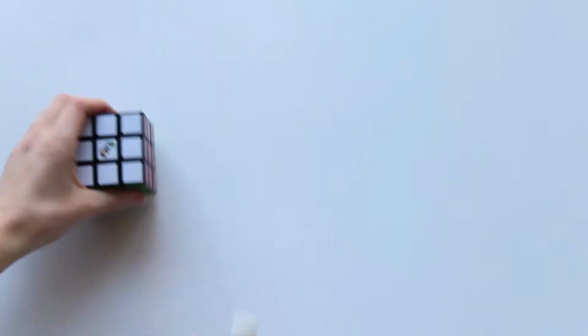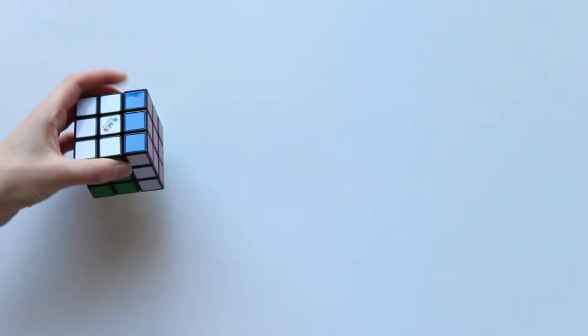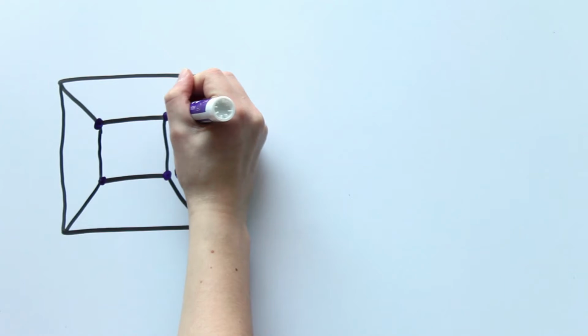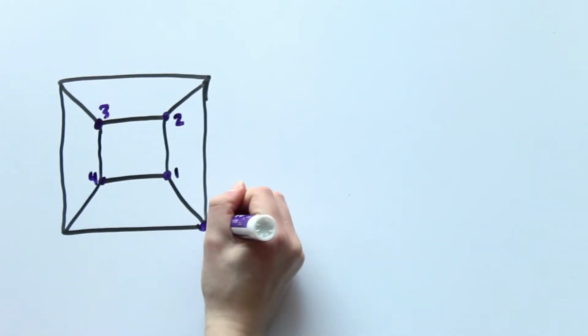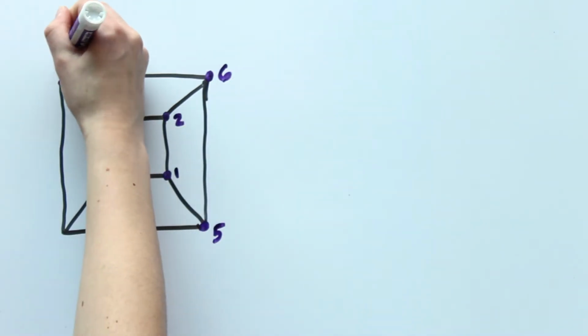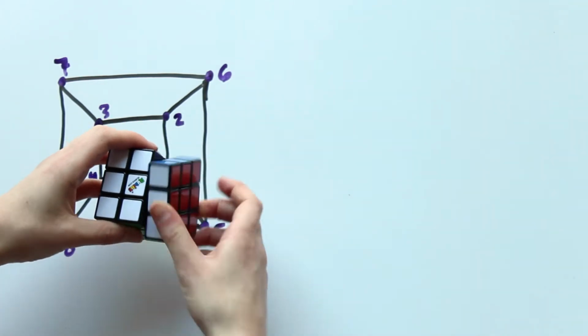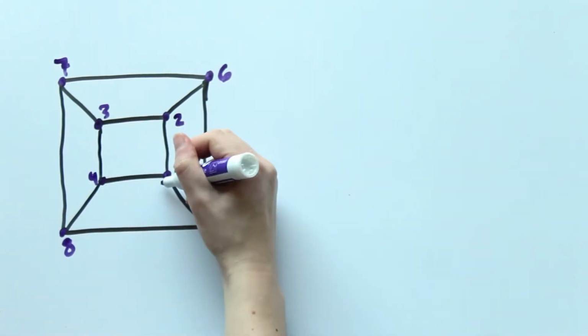To think this through, we will represent the cube with this picture, a kind of bird's eye view. First, let's think about the permutation of the corners. We will label them 1 through 8 in the same way as we did earlier. Then our cube corresponds to this cycle in the picture.